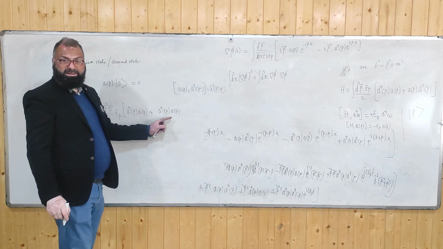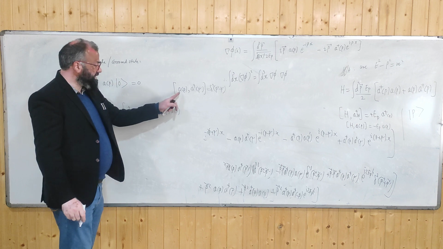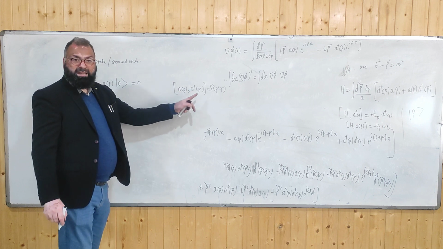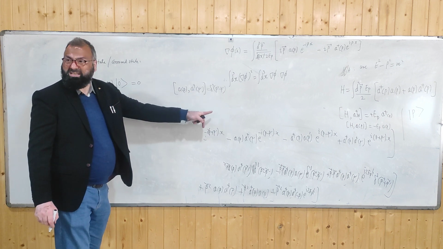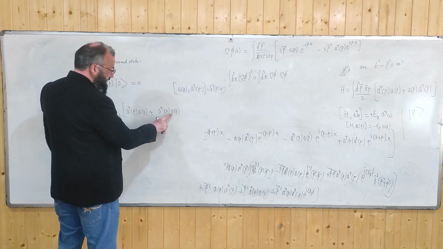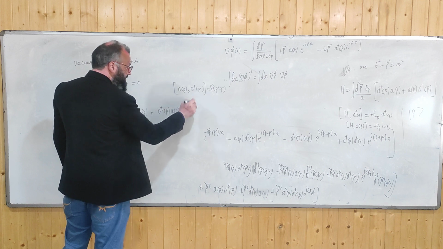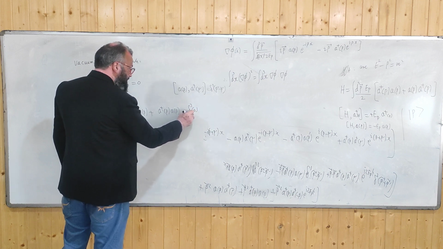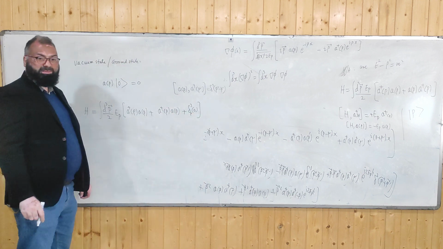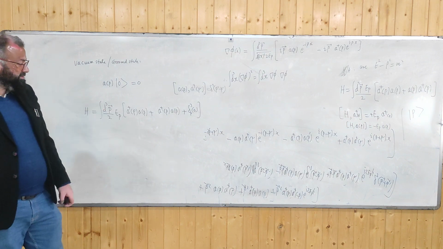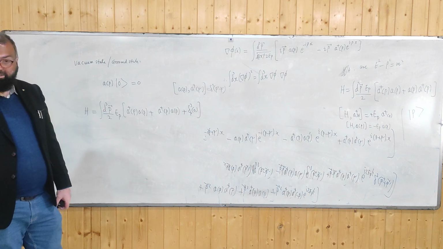Now p and p prime are the same, so you can write A A dagger as A dagger A plus the delta function. What is the delta function, delta 3 of p minus p? That is delta 3 of 0. Let me put a small p to mention that it's a delta function in momentum space.